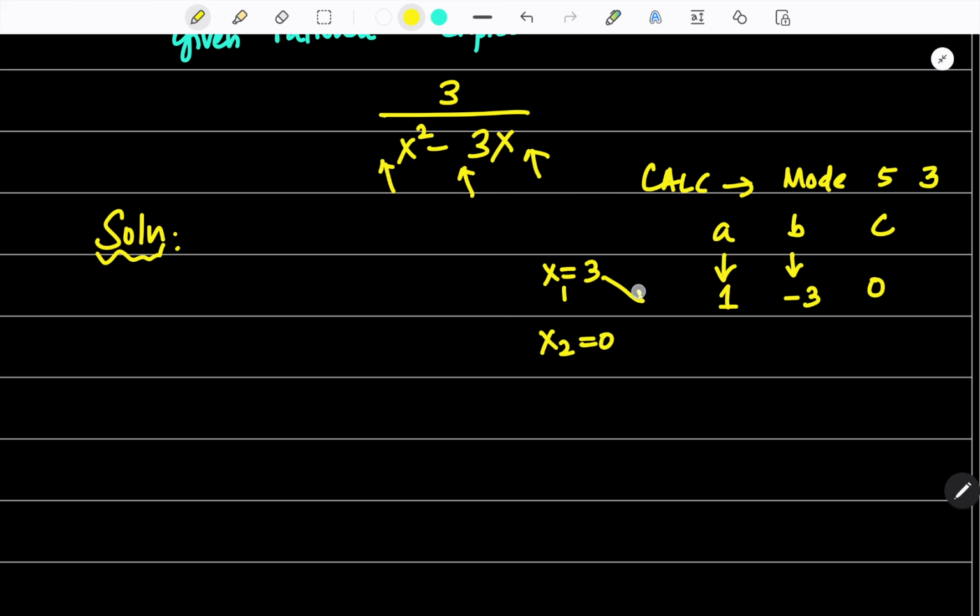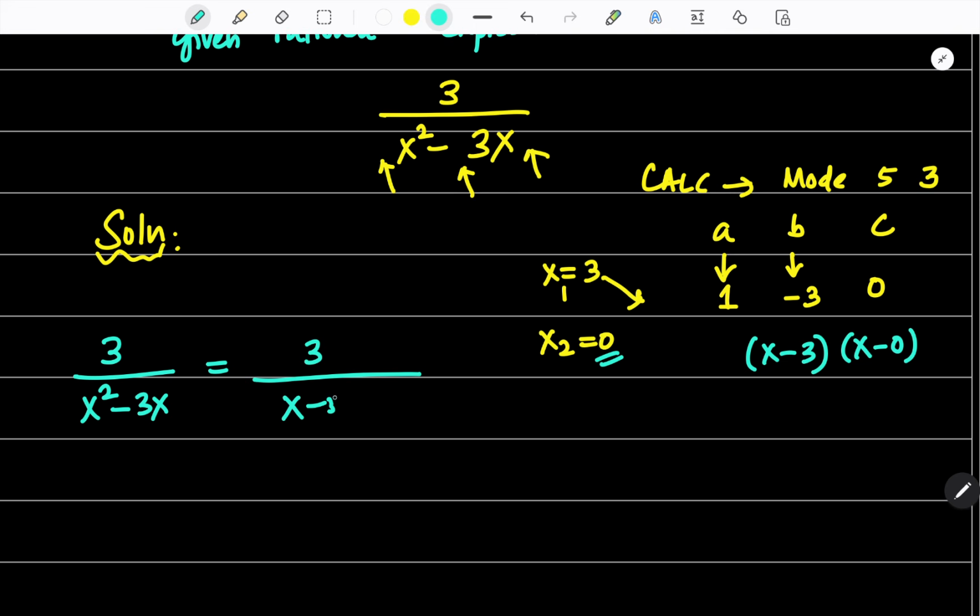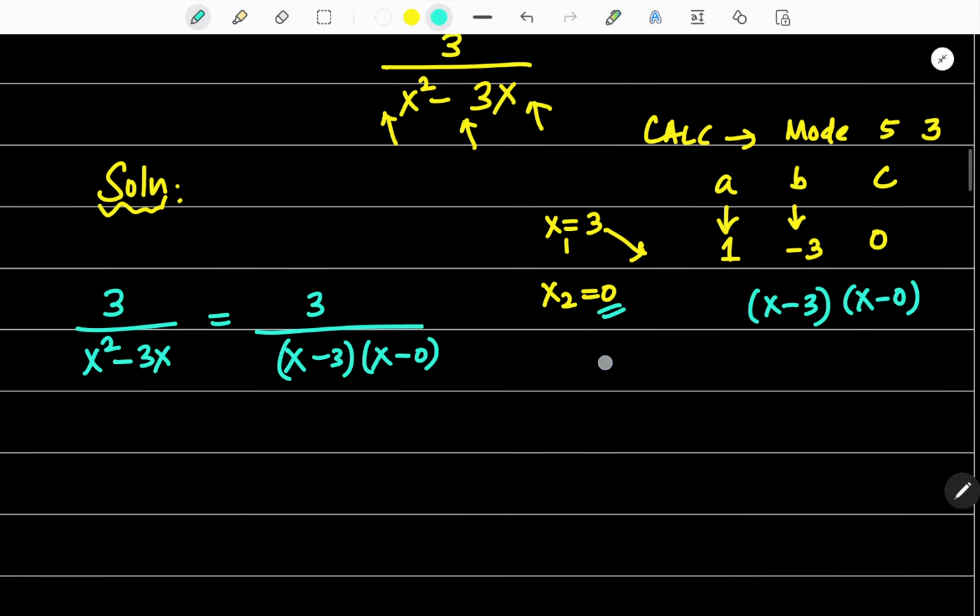I told you if it is plus 3, we are going to write it as x minus 3. 0, no problem, x minus 0. So the given question is 3 divided by x square minus 3x is equal to 3 divided by x minus 3 times x minus 0.